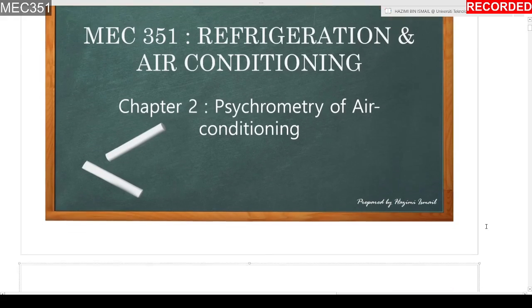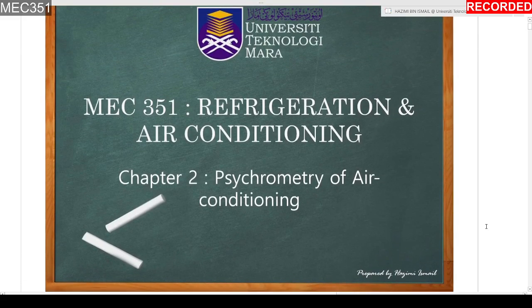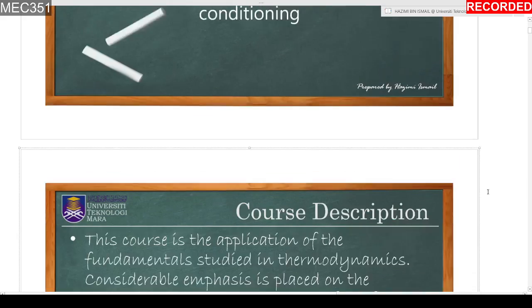Actually for today we should have a laboratory session if we refer to our schedule or timetable, but we don't have the lab session yet. So before I say that we are going to have the lab, we have our lecture class.